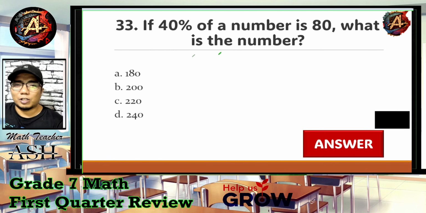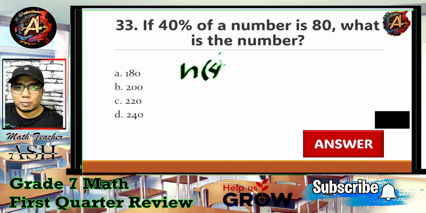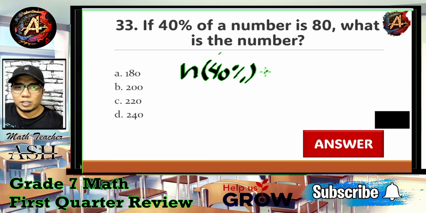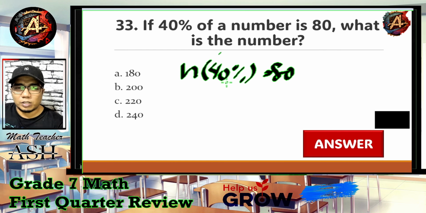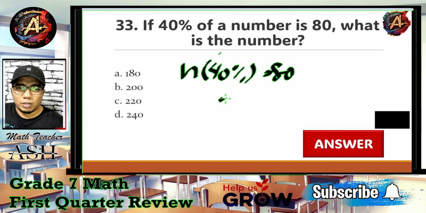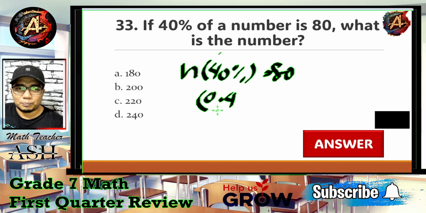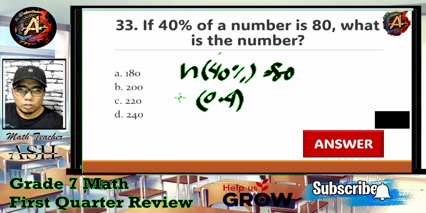Okay, my dear math learners, for this question, it means that a certain number multiplied by 40% gives 80. If we convert 40% to decimal, that would be 0.4 because you move 2 places, or 4 tenths.